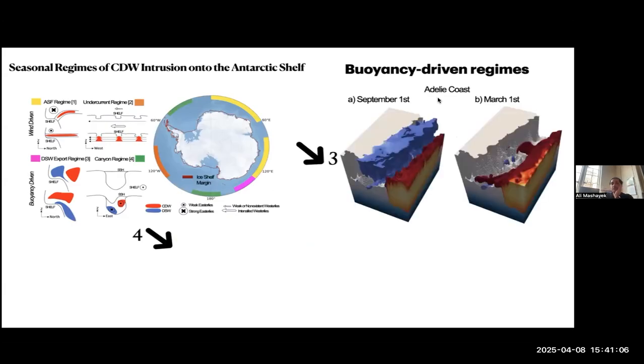This is a buoyancy-driven regime in the Adelie coast. This is where you have seasonal ice shelf water formation. And when it forms, it's really dense. So it protects the ice sheet from the circumpolar deep waters that are warmer. And then when that's not the case, then this can actually go up and provide heat to the ice sheets.